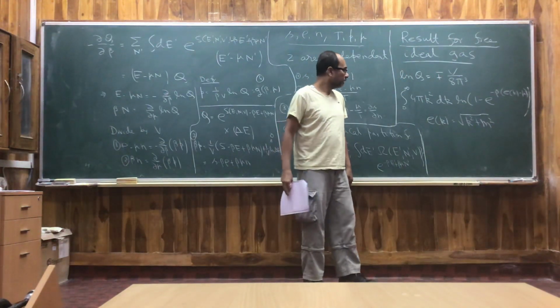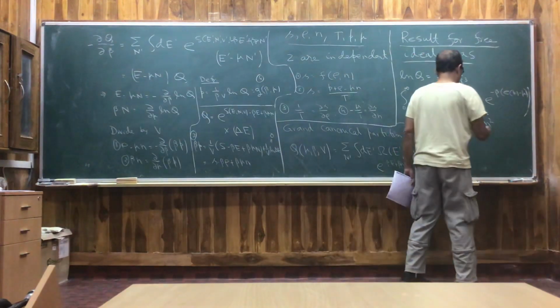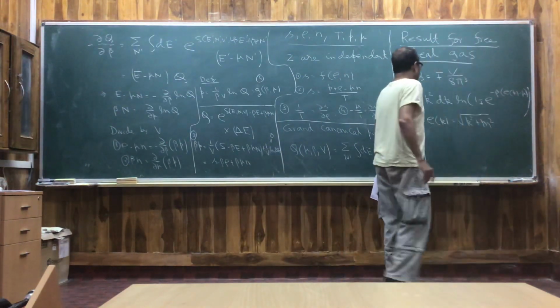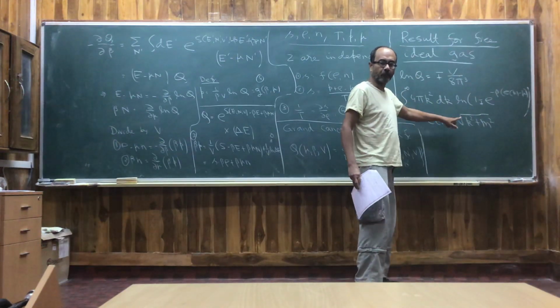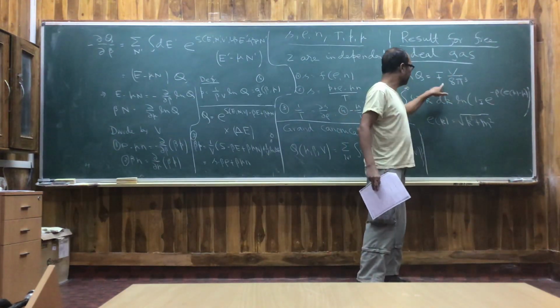Here, I think there is a minus plus. The upper sign is for the bosons, the lower sign is for fermions. So for bosons, it's minus here, minus here. For fermions, it's plus here, plus here.